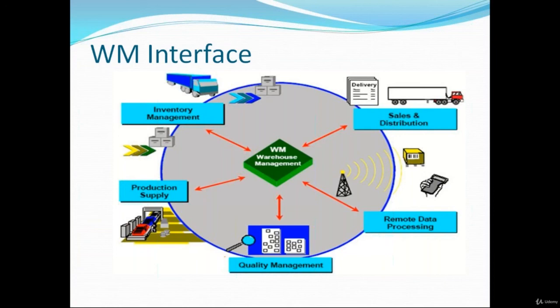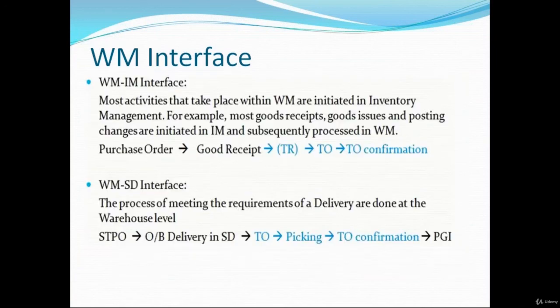That is how WM is linked with quality management. In the outbound process also, the material picked from WM will be moved to the quality management module to check its quality aspect, and once it passes, it will move on to the production planning department or to the external company.